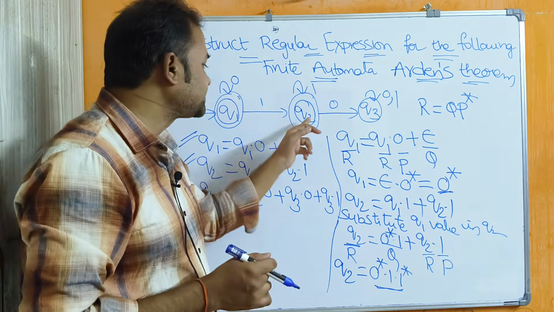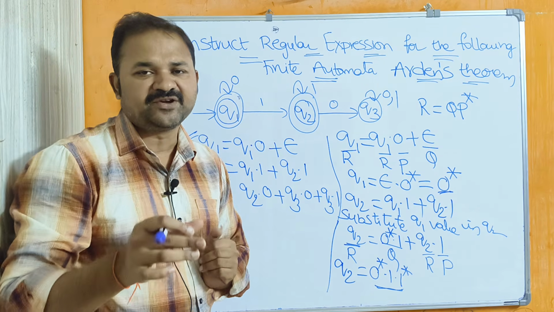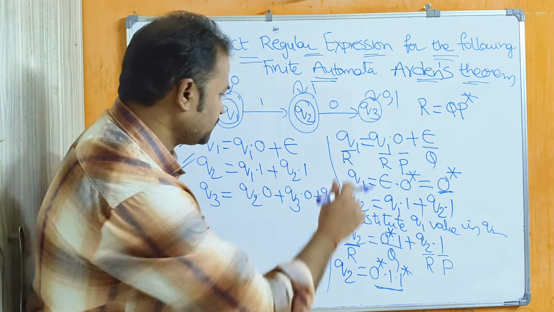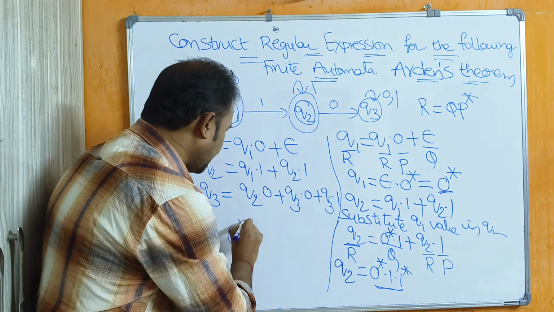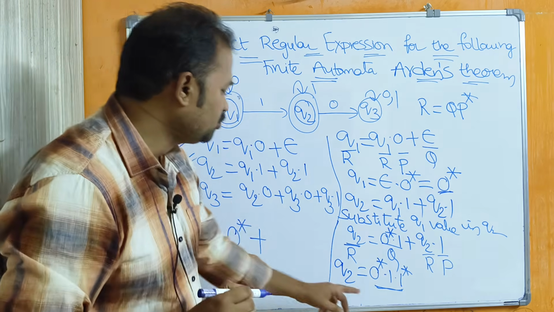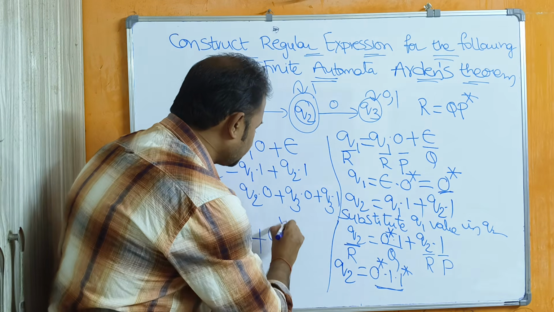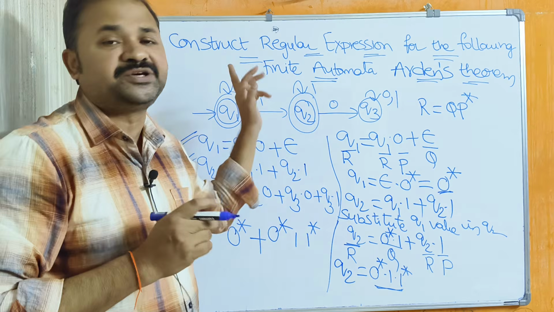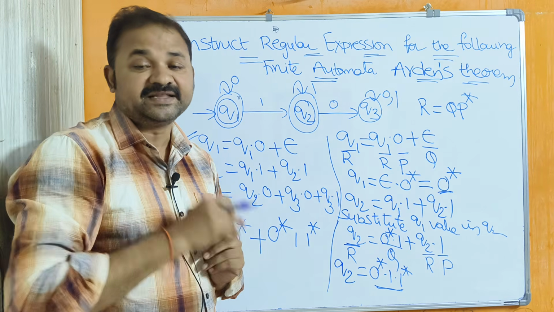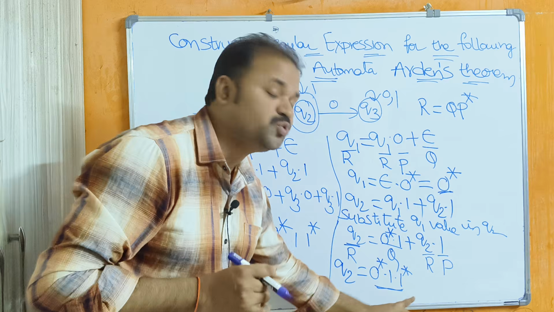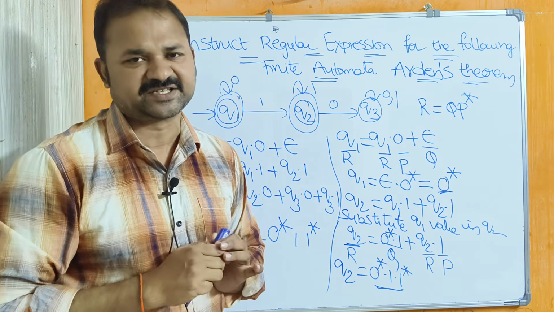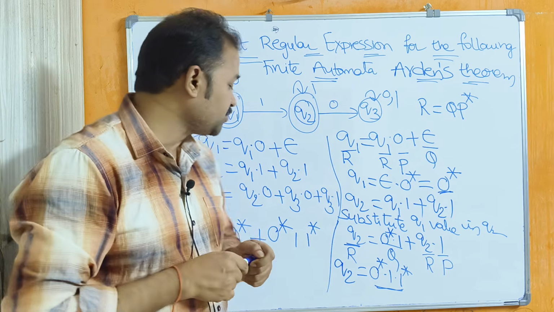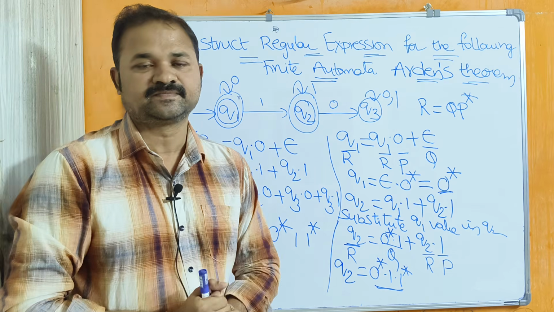Here the final states are Q1 and Q2, so now the regular expression is the union of these two regular expressions: 0 star plus 0 star 1 1 star. Suppose if only Q2 is the final state, then the regular expression is only the Q2 regular expression, that is 0 star 1 1 star. So in this way we can convert a finite automata into the regular expression.